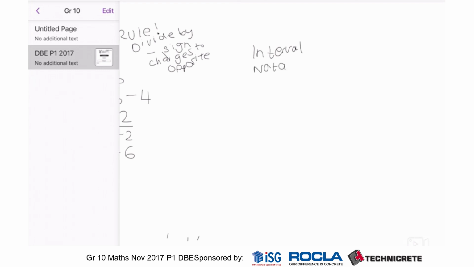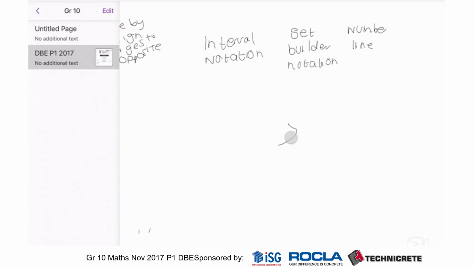They can ask it in set builder notation. And they can ask you for the number line. Okay, so interval notation is brackets.